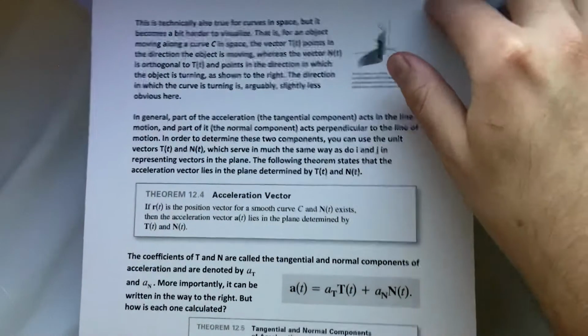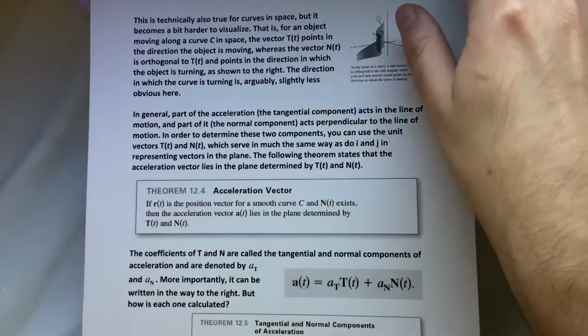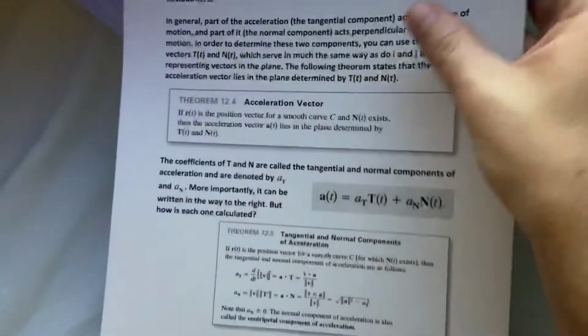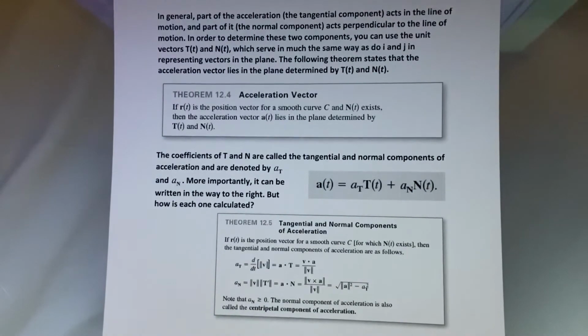So if r of t is the position vector for a smooth curve and N of t exists, there exists an acceleration vector a of t that lies in the plane determined by our tangent vector and our normal vector. The coefficients of T and N are called the tangential and normal components of acceleration and are denoted by a sub T and a sub N.